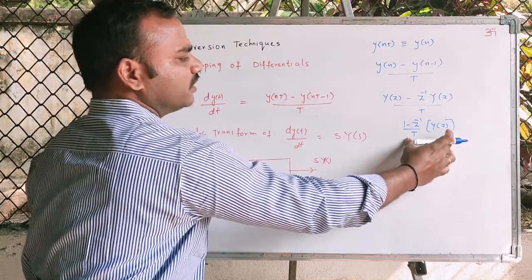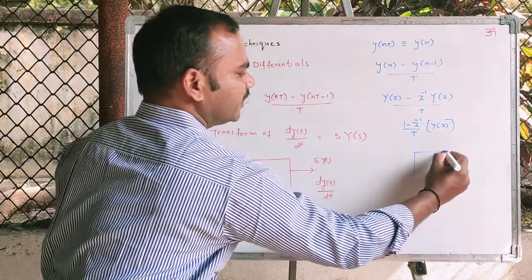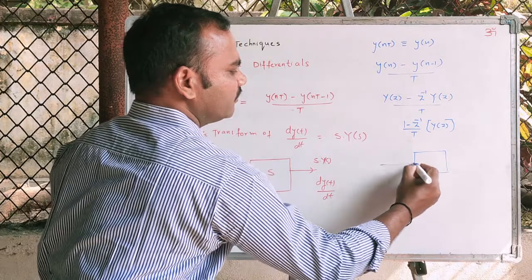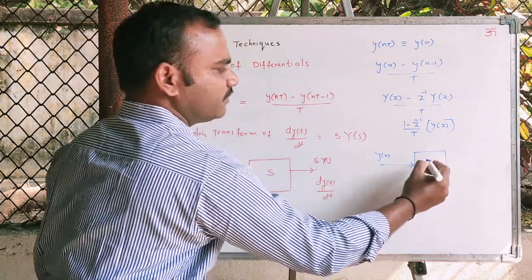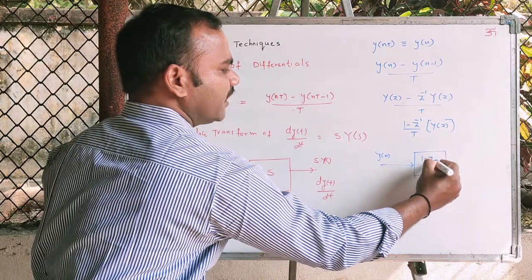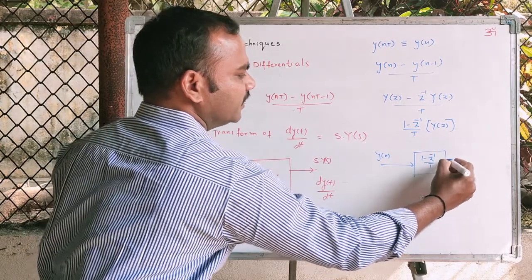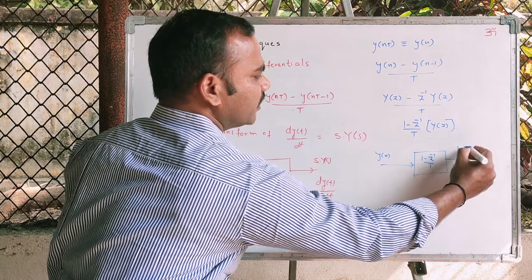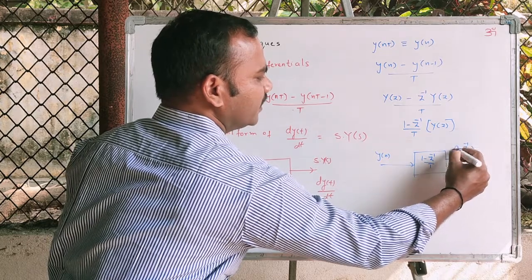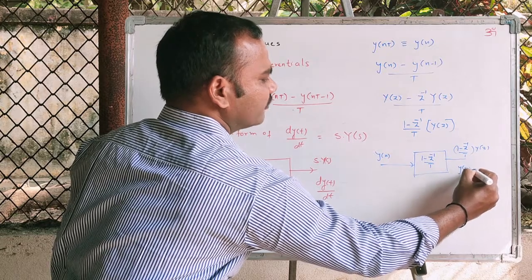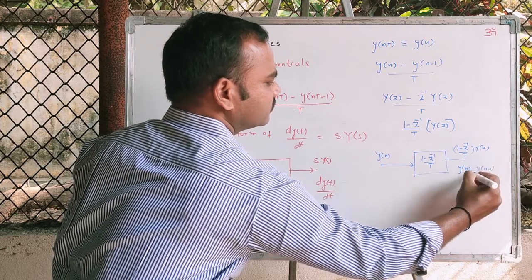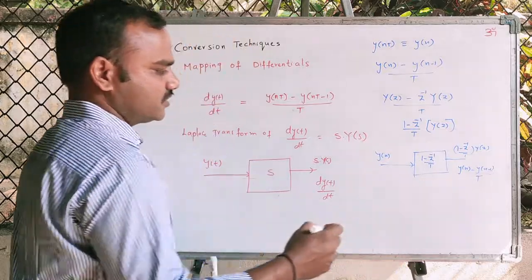Now, if we implement this in system form, and the input is y(n) and the system transfer function is (1 minus z power minus 1) by T, then you are going to get (1 minus z power minus 1) by T into Y(z). This is nothing but the backward difference.